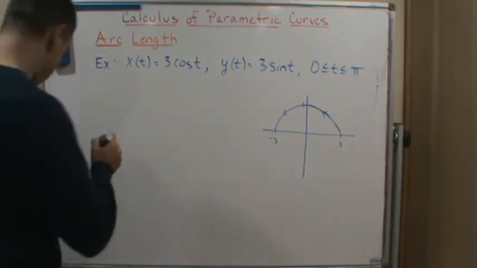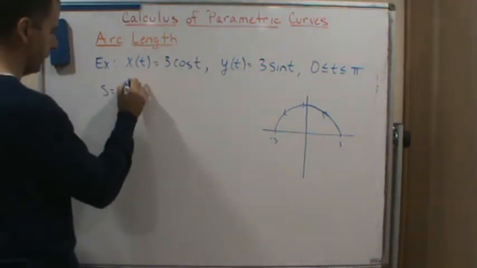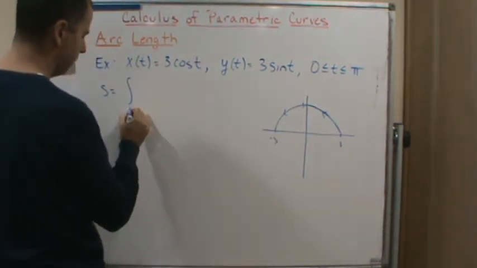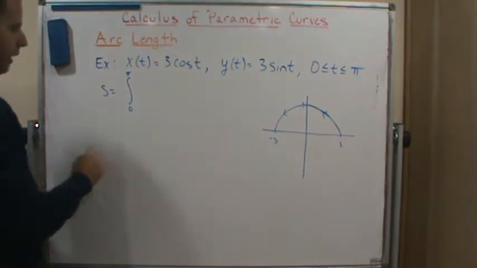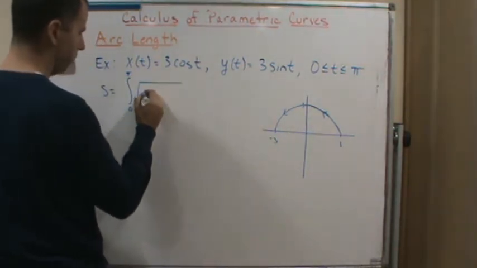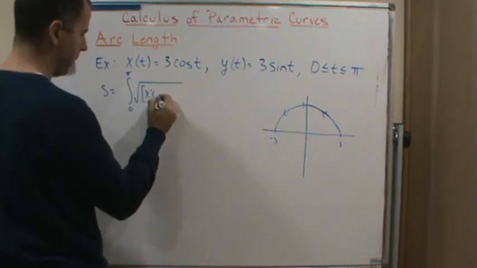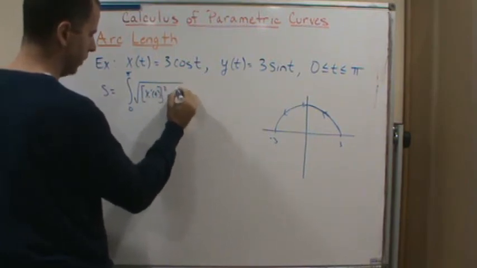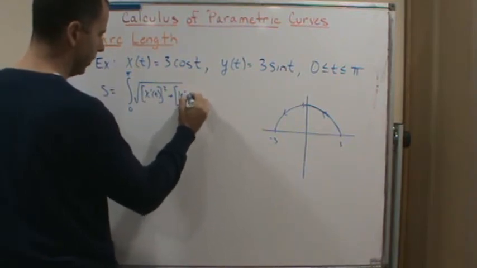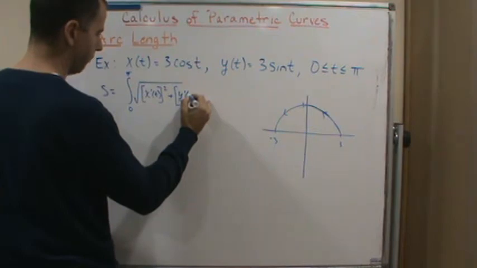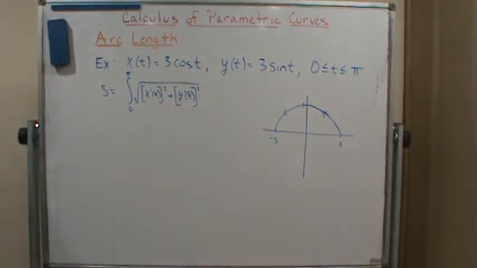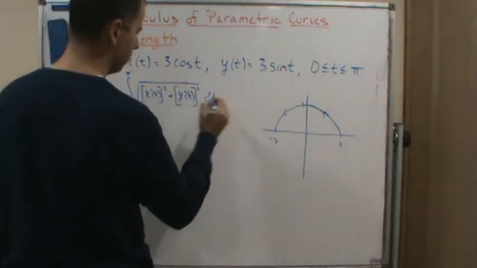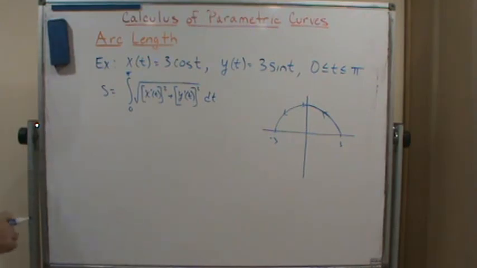So we're going to use that S is equal to the integral from 0 to pi of the square root of x prime of t quantity squared plus y prime of t quantity squared dt. And so now this is the integral for arc length, right?